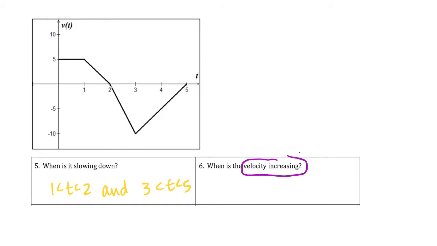The function can be negative here. So v of t can be, and we need to write this in, negative and increasing. That is possible. And it's possible from here, from 3 to 5. It is very possible over that interval from 3 to 5.